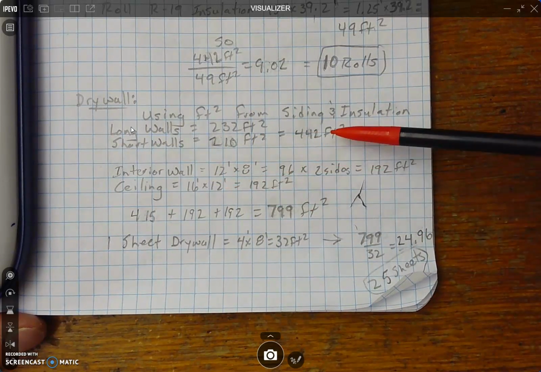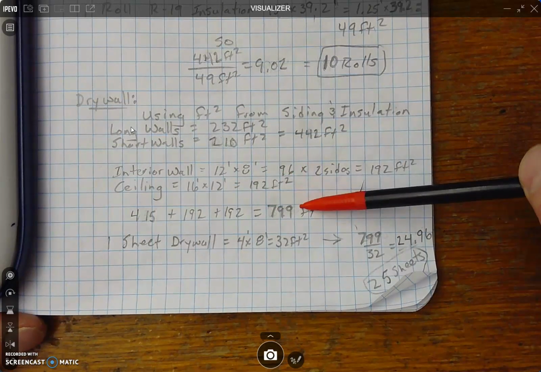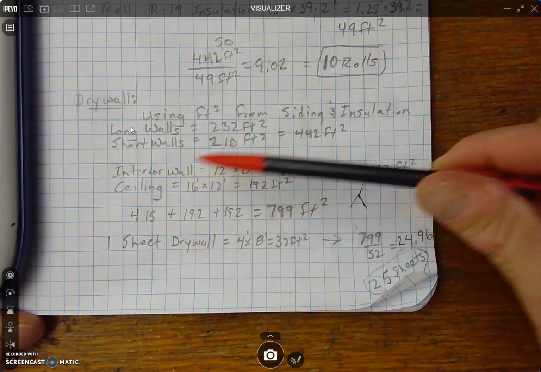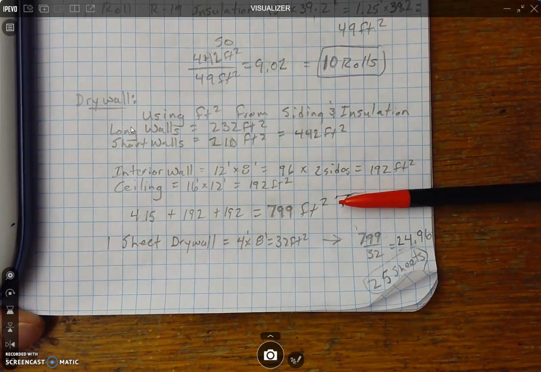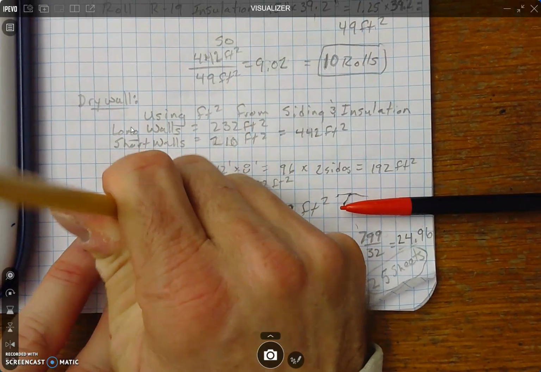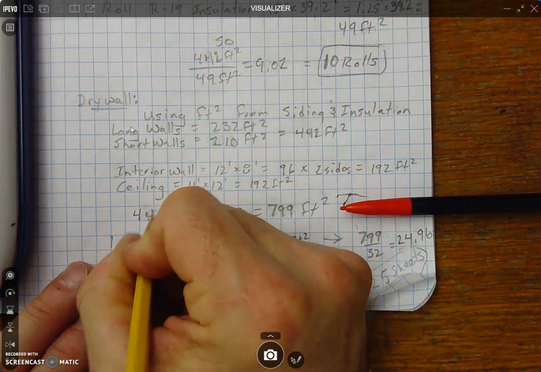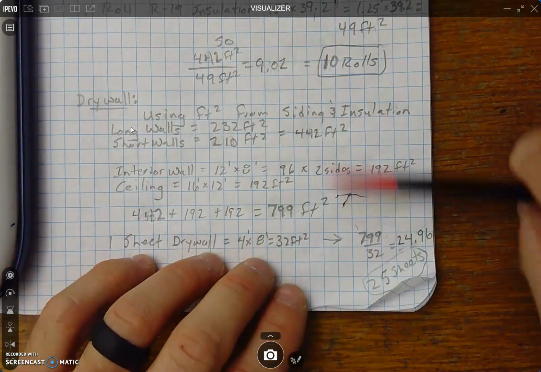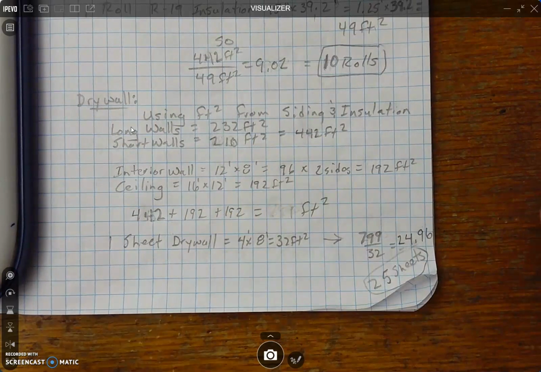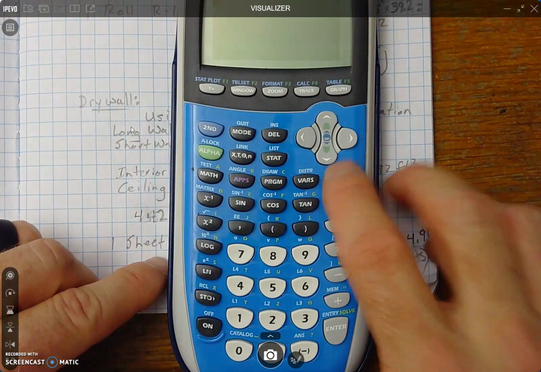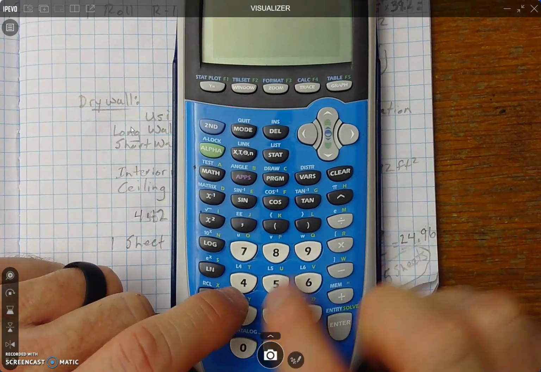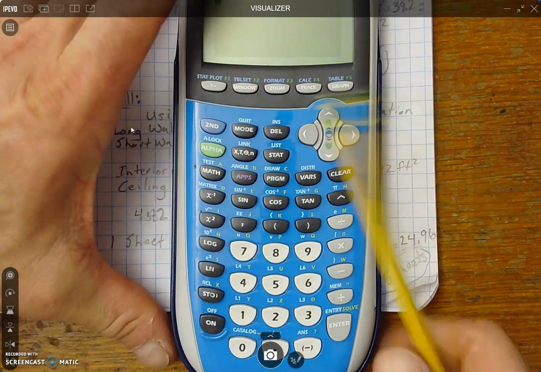So I got to add these three square footages together. And down here, this is going to be slightly more than this because this isn't 415, it's 442. So it's not going to be 799, it's going to be 800 and something. So if I go 442 plus 192 plus 192, I get 826 square feet.